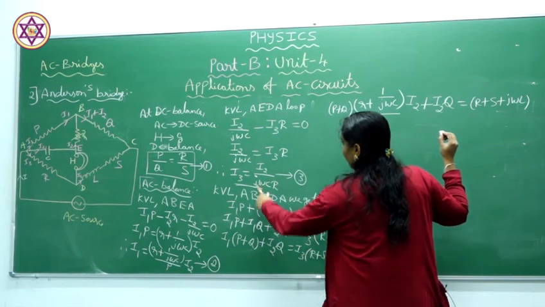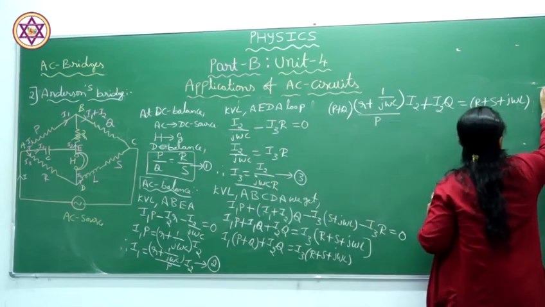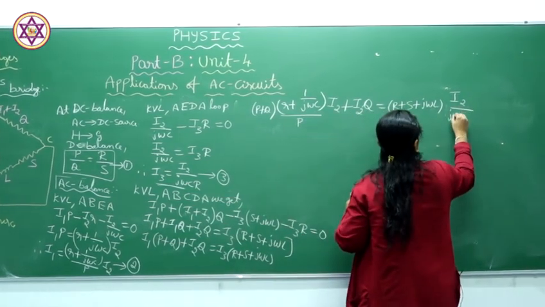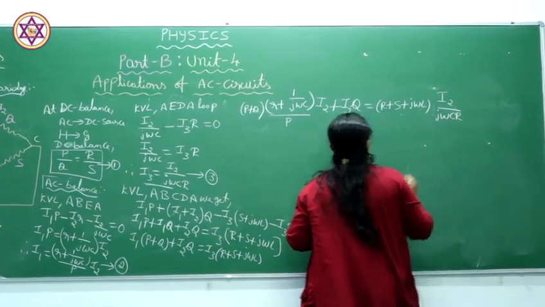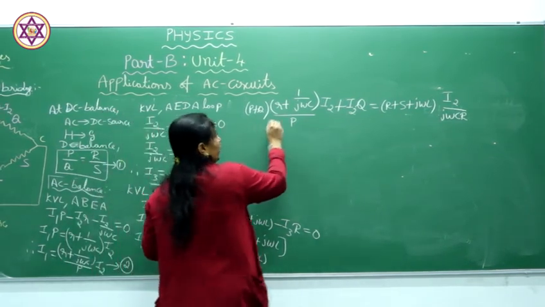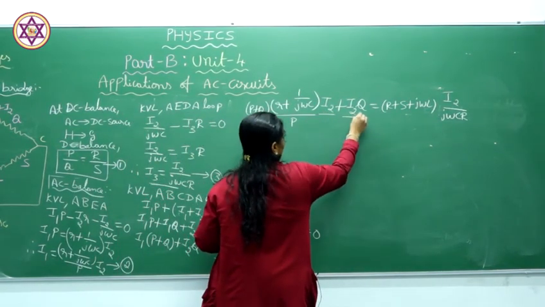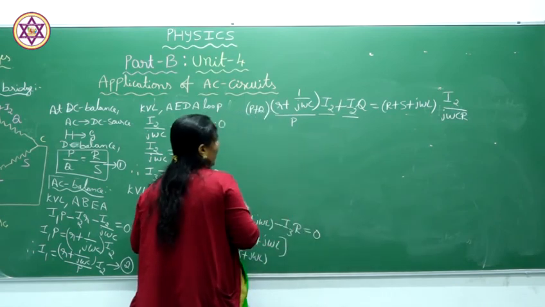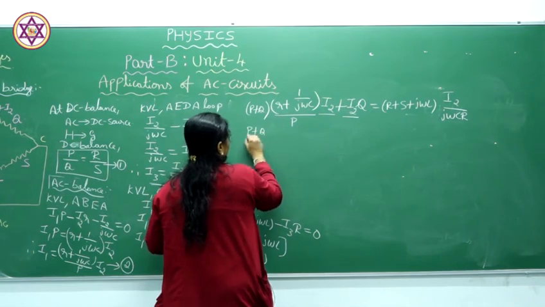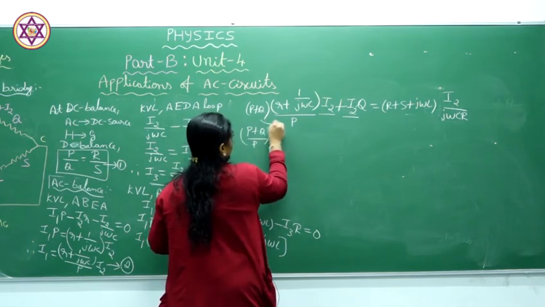What is I3? I3 is I2 divided by j omega CR. So if we substitute the value of I1 and I3, we get this. So in this, I2 is the common factor, therefore take outside. If we take outside, what we get? P plus Q by P.